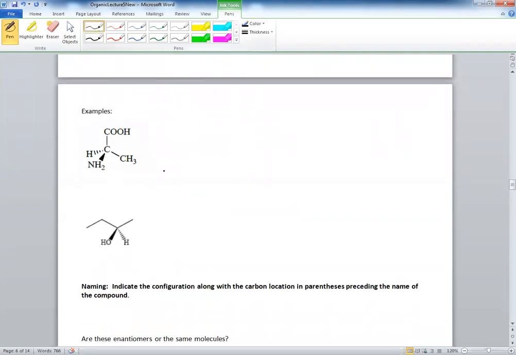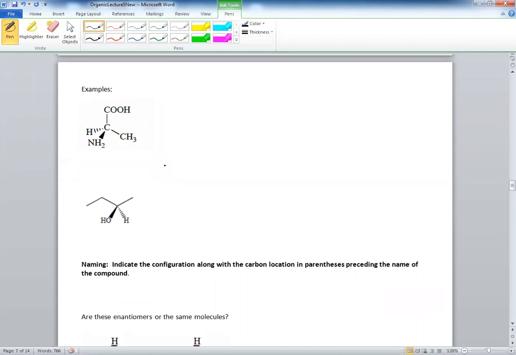Let's work on these. Let's say we want to assign R and S for these. What would be the number 1? It would be this one right here, because we have an N. What would come next? The C or that C? Yep, the one on the top, because this is a carboxylic acid, by the way. It's drawn like that. Remember the condensed formula. So you have 2 O's.